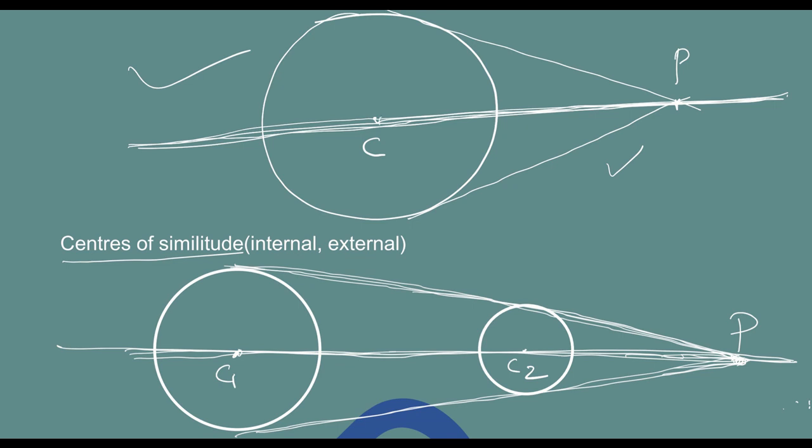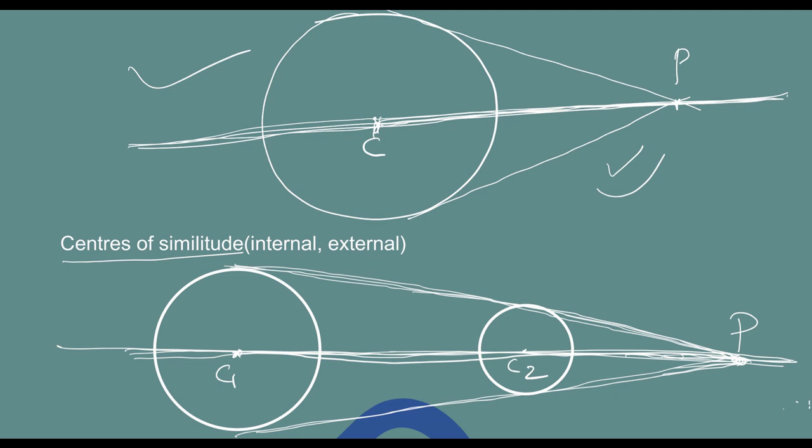I mean this line joining C and P. So here it is the line joining C1 and P. Similarly, observe that if you take only the small circle and if you rub away the big circle, again the remaining diagram is like this only. That means that is symmetric about the line joining the centers. So it is obvious that your P is going to lie on the line of centers.